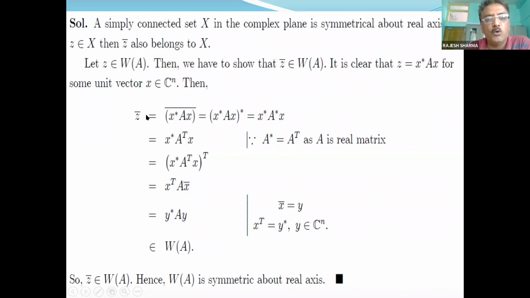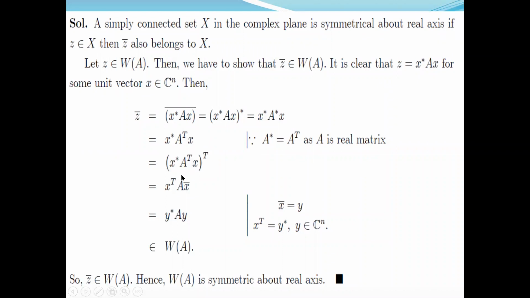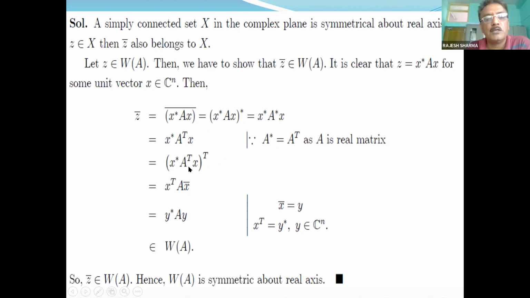Then z conjugate is (x star Ax) conjugate, which equals x star A star x. A star is just A transpose as A is a real matrix. Again, this is a number, so we can take its transpose, and this comes out to be x transpose A x conjugate, which is x conjugate.